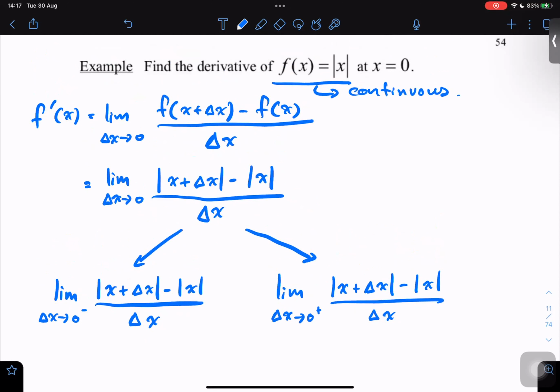Can I modify this one a little bit so it will be easier to understand? In this problem they ask you to find it at x equal to 0 already, right? You can replace x with 0.